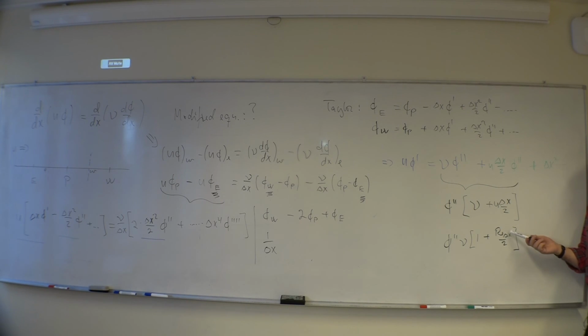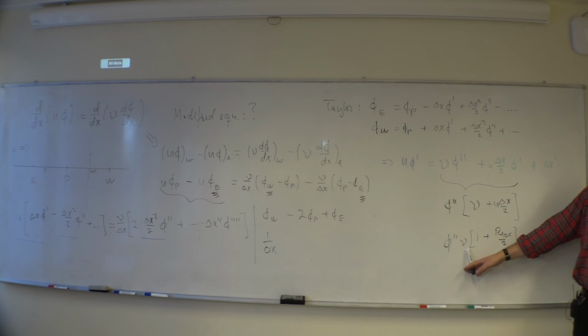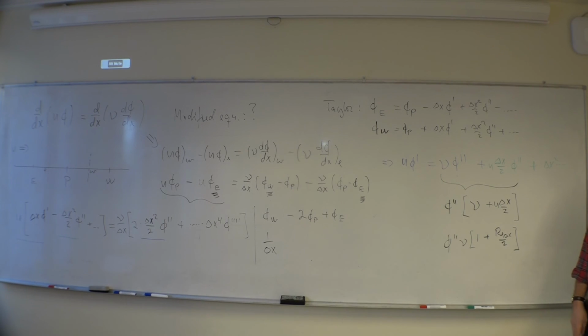So choosing a cell Reynolds number of 2, that's a stability limit for a central scheme, then you have double the viscosity. It's that bad. And if the cell Reynolds number is 100, you see for yourself, you are calculating a totally different fluid than you believed. You have a viscosity 50 times higher. So it's a very bad scheme.